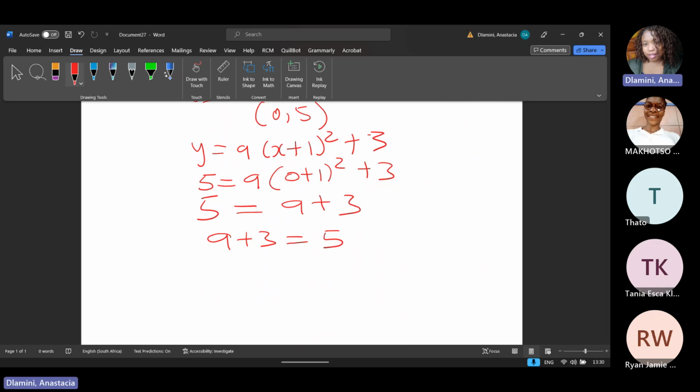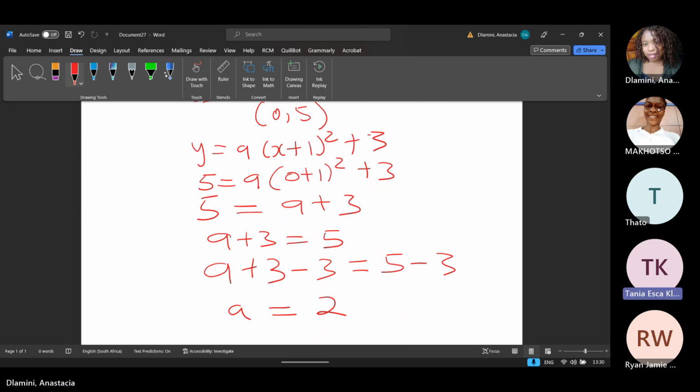Do you see that? So then a equals, I take 3 to the other side, so that then the sign of the 3 changes. So it's 5 minus 3. Okay, let's do it the grade 3 way. I subtract 3 this side because I don't want it. But what you do on the left, do on your right. There we go. That's why it didn't change sign. Okay, I understand now, ma'am. Thank you.